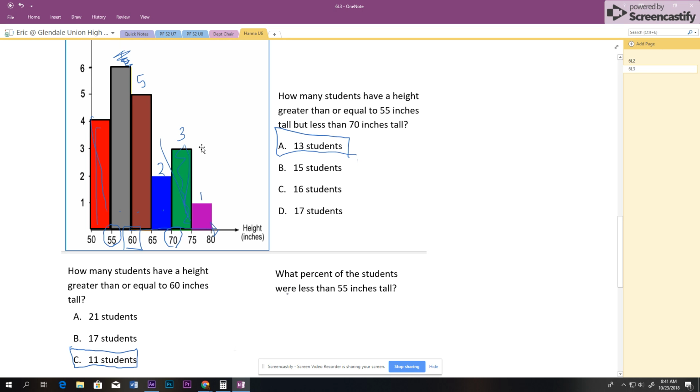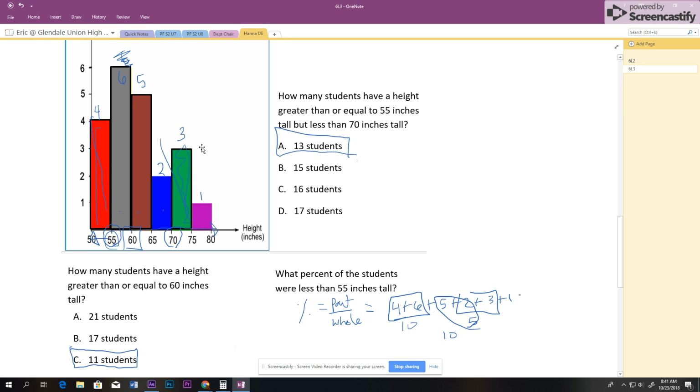And what percent of students were less than 55 inches tall? So here's 55, so less than is this way, so that is 4. But we need to know the whole amount. Just as before, the percent is equal to the part over the whole. So the whole is 4 plus 6 plus 5 plus 2 plus 3 plus 1. Those two are 10, these two are 5, which makes these two 10, and that one 1.